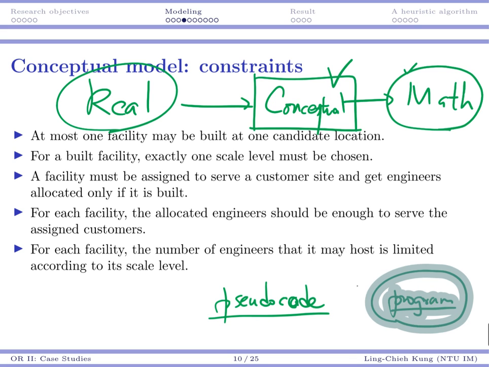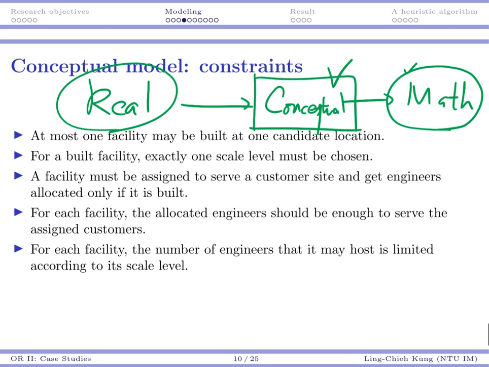Okay? So that's almost always the case for any situations, for any fields. Before you build a concrete thing, first build a conceptual thing. In OR, before we build a mathematical model, we first build conceptual models to help us do the preparation and to help us do the communication between business persons.